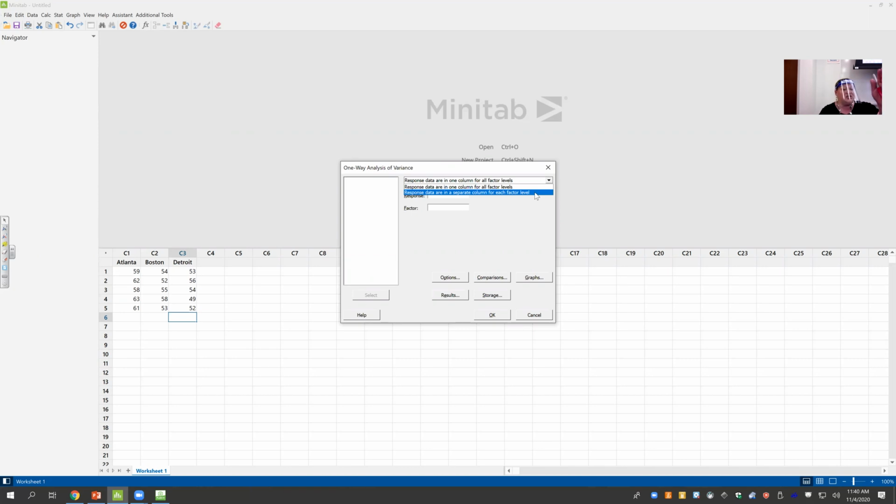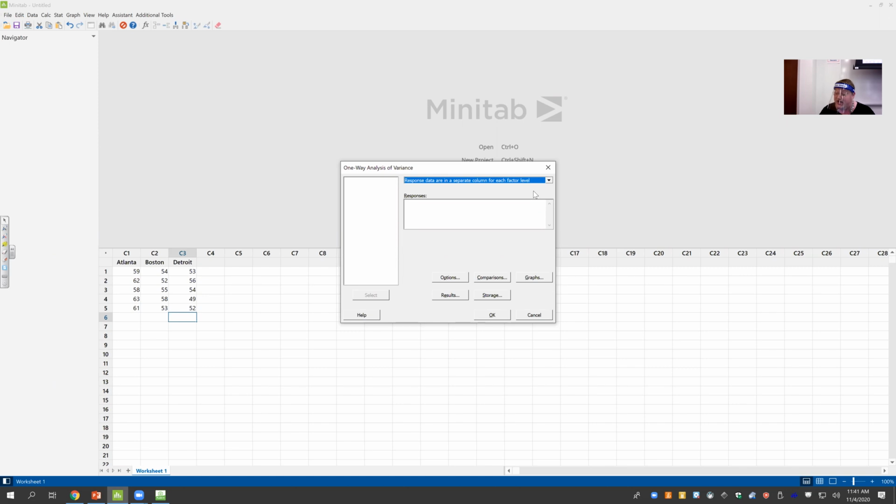I'm having you put each category, remember those are called factors, in a different column. So you want to change that selection to response data are in separate columns for each factor level.